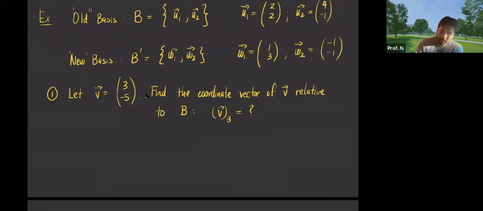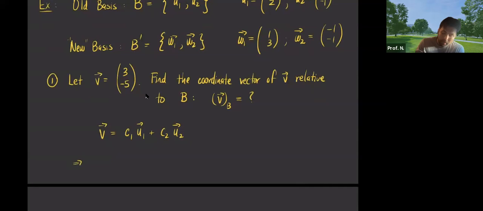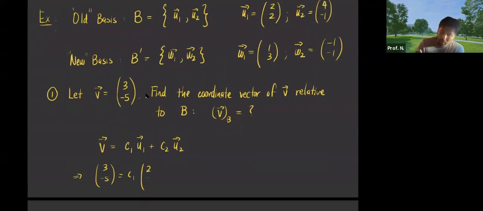V, yep. So we can say V is equal to, I'm just going to use C1 in this case, C1 U1 plus C2 U2. Which is the same thing as saying (3, -5) equals C1 times U1, which is (2, 2), and then C2 times (4, -1).